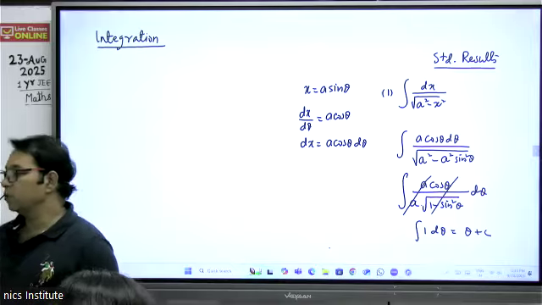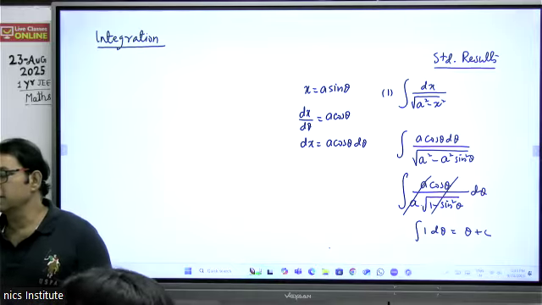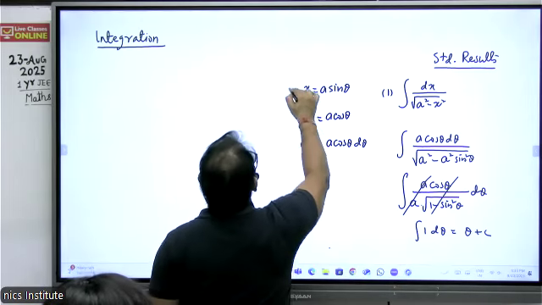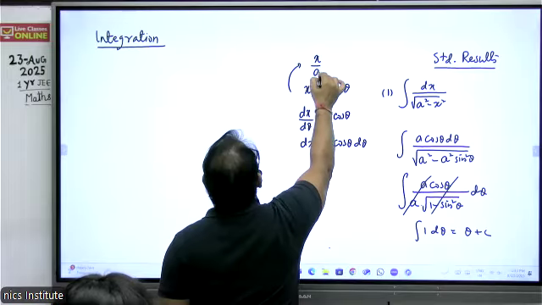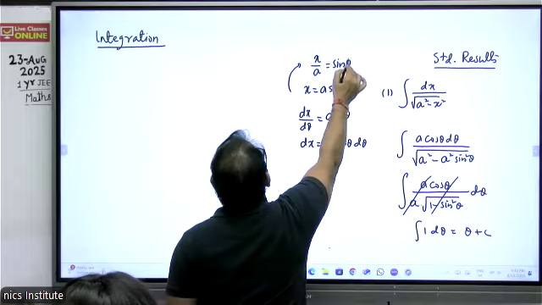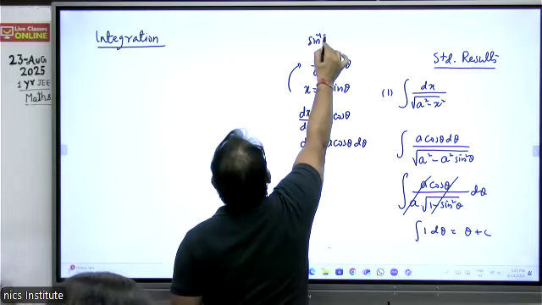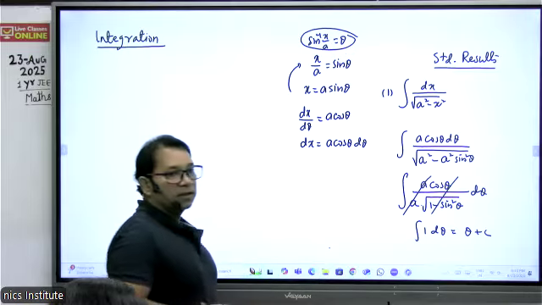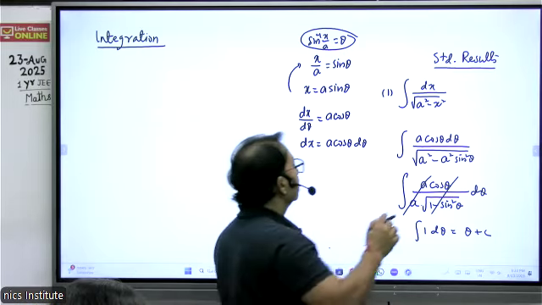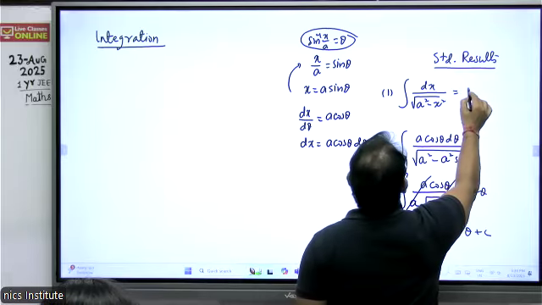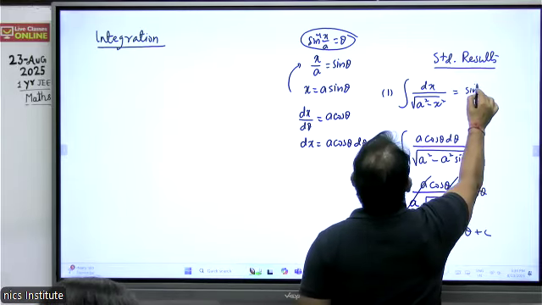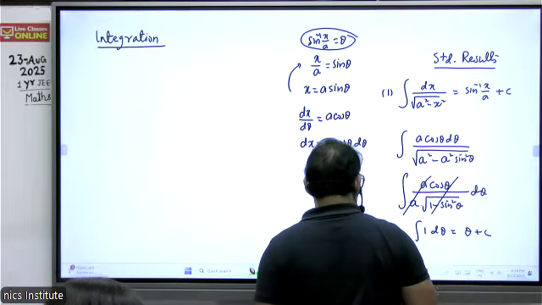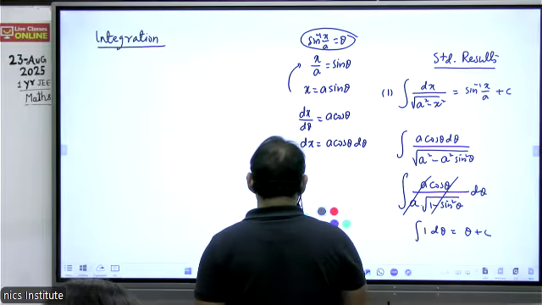So after this substitution, it is theta plus c. What is theta? Theta you'll get from here. X by a is sine theta, and sine inverse x by a is theta. So theta is sine inverse x by a. So the first result is this sine inverse x by a. This is the first result of standard integral.